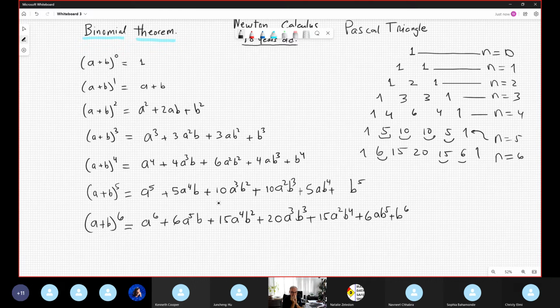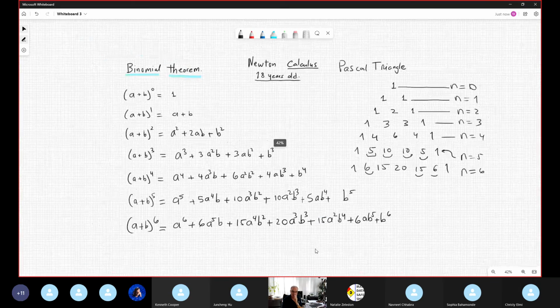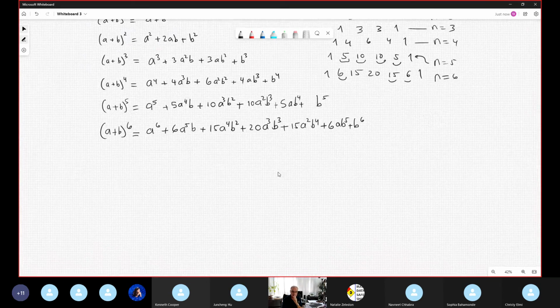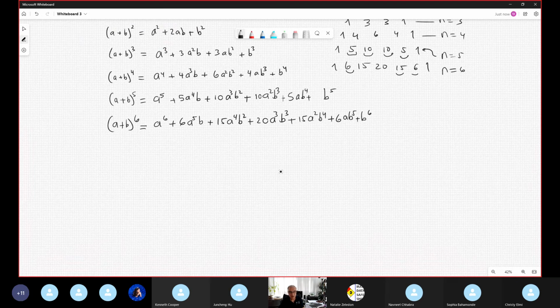This is crazy. However, I want to write the formula exactly as Newton did when he was 18 years old. Newton said (A plus B) to the n power is equal to a summation, for k equals 0, because you suppose that the first is k equals 0.